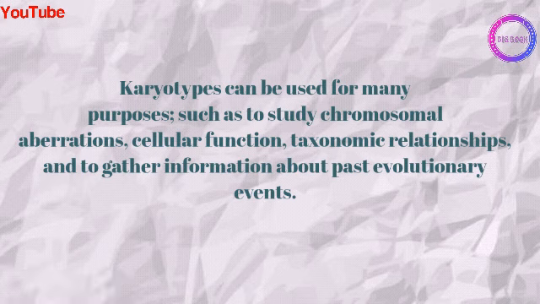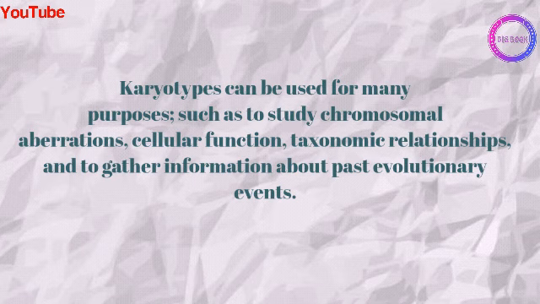Cellular functions can also be understood depending upon the karyotype. Taxonomic relationship. So here taxonomic relationship is like in the research field where the evolutionary relation, or where a particular chromosomal set can be fit within the taxonomic strategy, can also be understood, and to gather information about past evolutionary events.